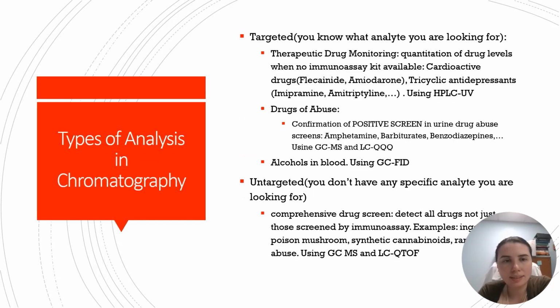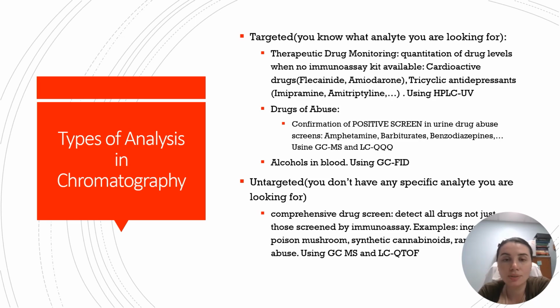Having gone through all of that, what are the types of analysis that one can do with chromatography? So you can have targeted analysis where you know what you're looking for. So this is for therapeutic drug monitoring or for confirmations for drugs of abuse or for alcohols in blood. Or you could have an untargeted analysis where you're not looking for any one specific analyte.